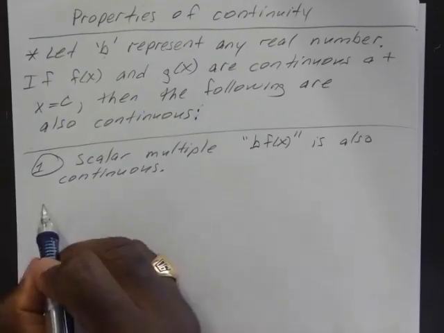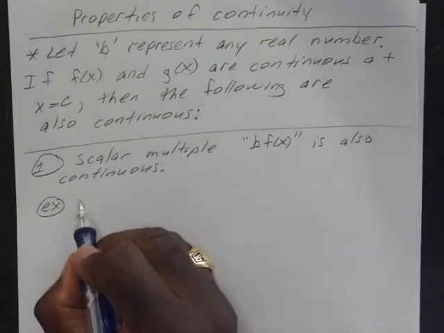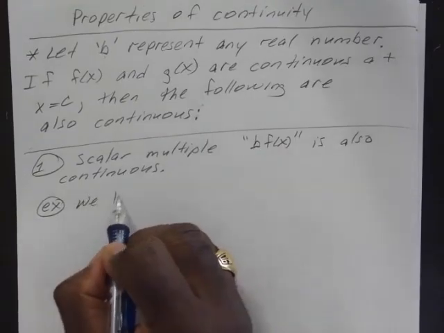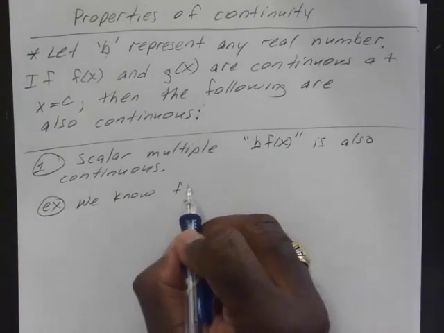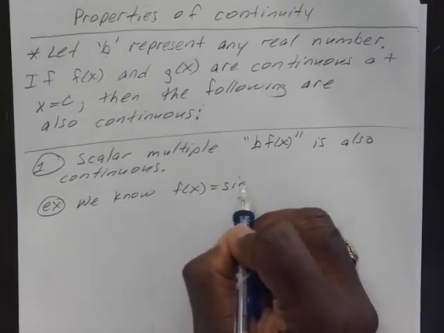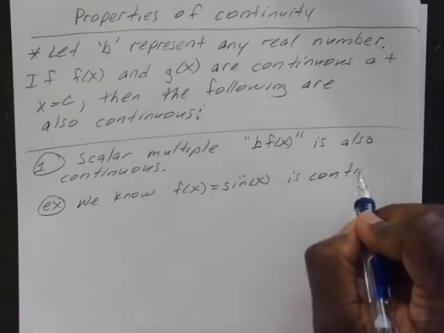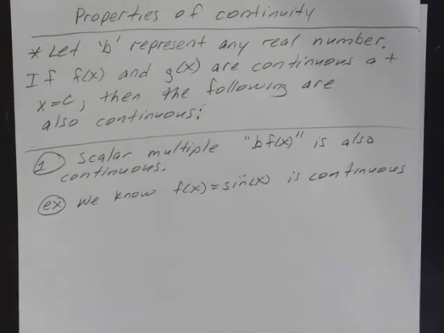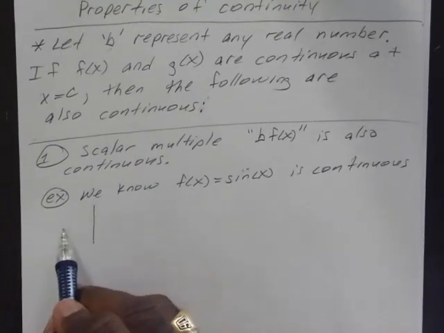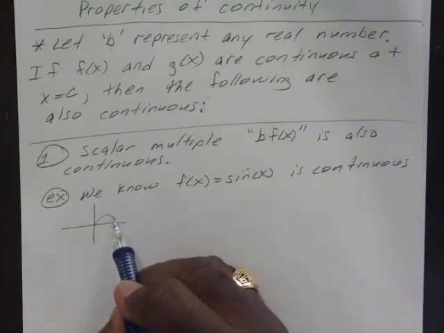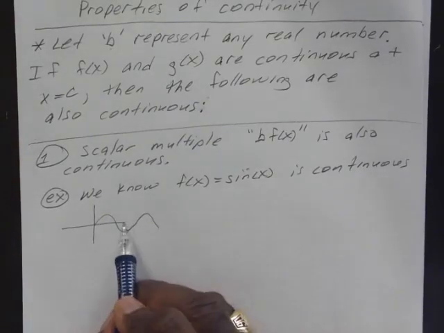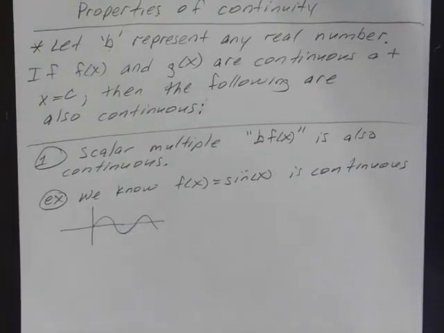Just to visualize it, let's say that we know that f of x equals sine of x is continuous. We know that because if we look at the graph of sine of x, it just keeps on going like this over and over. There are no undefined values. There are no breaks anywhere. It's just one long sine wave.